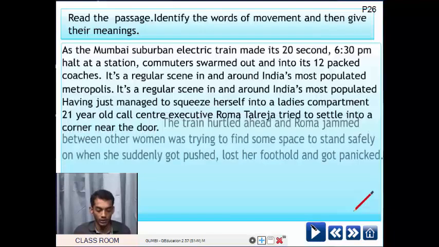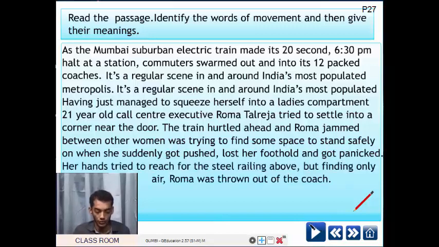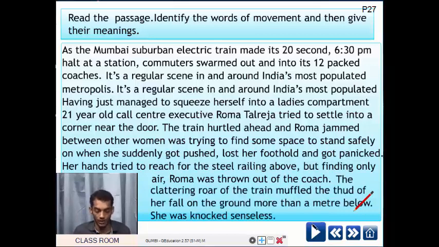She was trying to find some space to stand safely, and when she suddenly got pushed, she lost her foothold and panicked. Her hands tried to reach for the steel railing above, but finding only air, Roma was thrown out of the coach. The clattering roar of the train muffled the thud of her fall on the ground more than a meter below. She was knocked senseless.